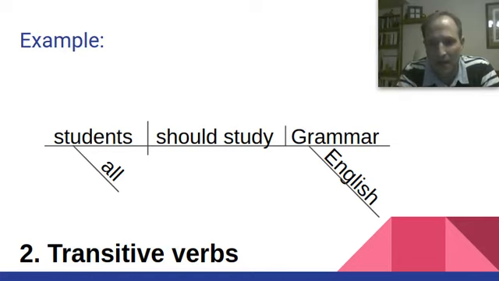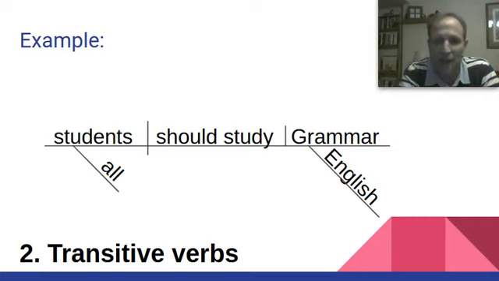All right, very important in this kind of diagramming that the line does not cross through the baseline, because what we're trying to say here is the division between the verb and the direct object is not as strong as the division between the subject and the verb. So notice my head words. Students should study grammar. And now notice the secondary modifiers.